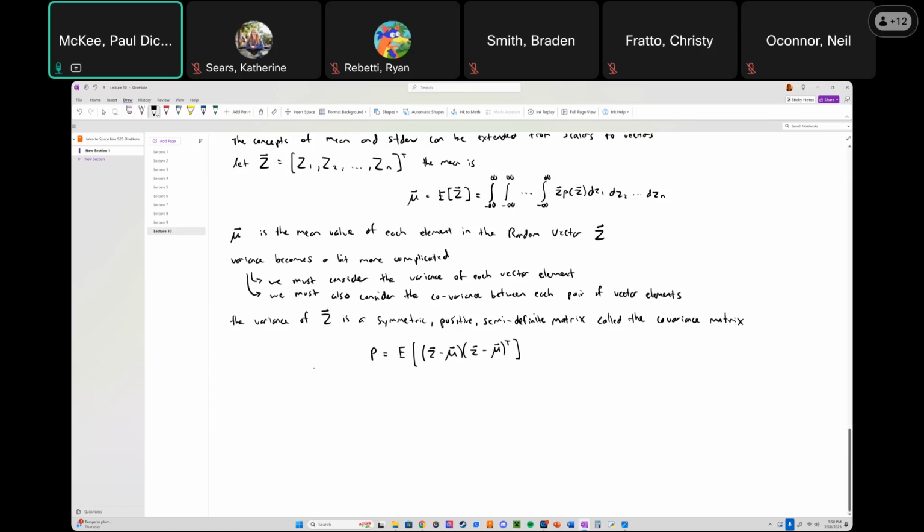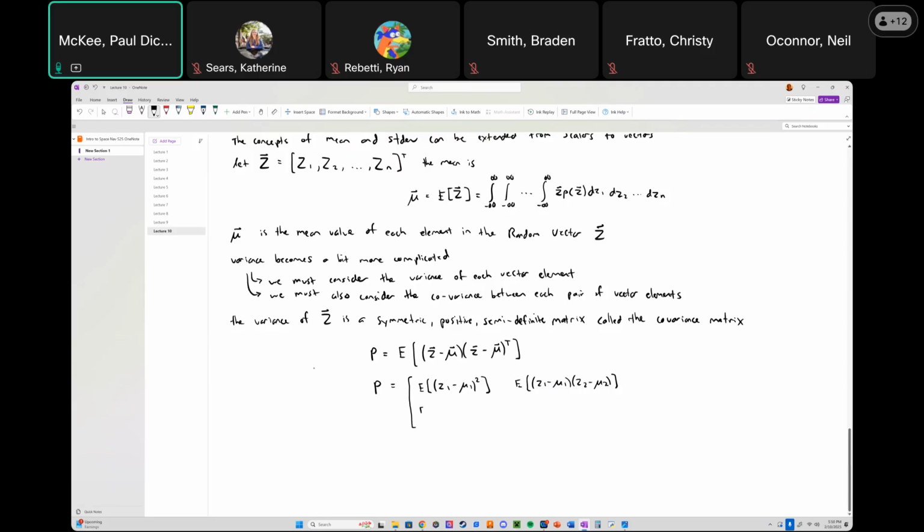So the covariance, we use the p for covariance in this case, capital P is covariance, is a giant matrix which looks like the expected value of z1 minus mu1 squared, and then you've got the expected value of z1 minus mu1 multiplied by z2 minus mu2.